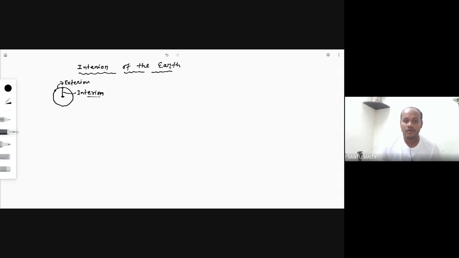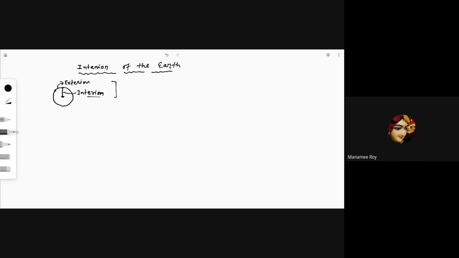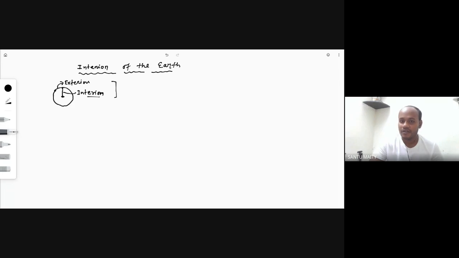Now the very important question is, have you seen the interior of the earth? No, sir. We have not seen that, but sometimes when there is digging of a well, or a pond, or it may be a tube well or a submersible, then we may have observed that some material is coming out from the interior of the earth.